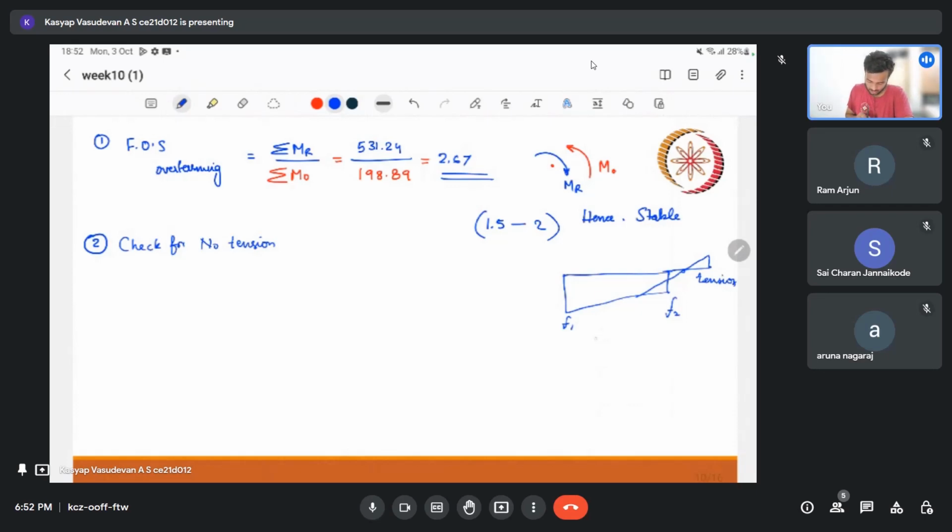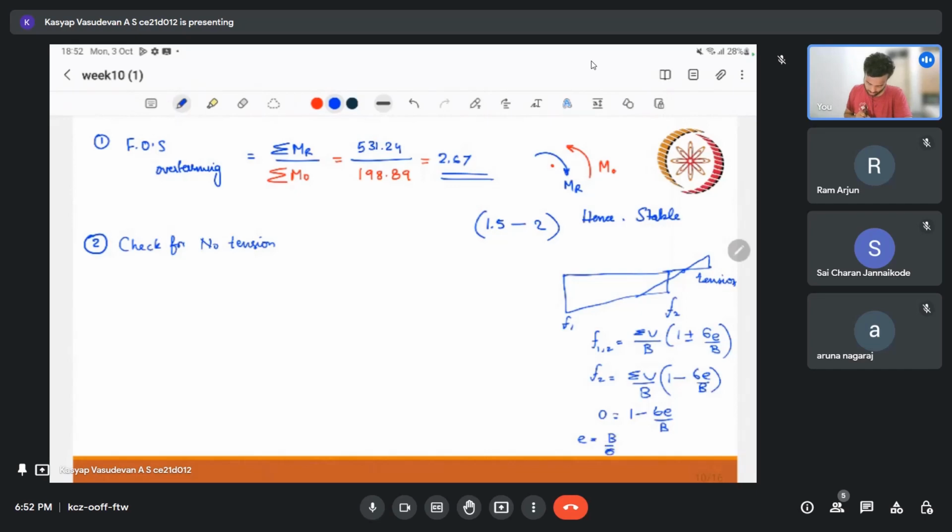F1, F2 is given as sigma V by B, 1 plus or minus 6E by B, where E is the eccentricity. The minimum value is our F2, so F2 is sigma V by B, 1 minus 6E by B. If I equate this to 0, I'll get 1 minus 6E by B as 0, so E is equal to B by 6.